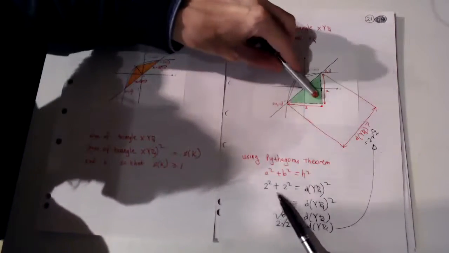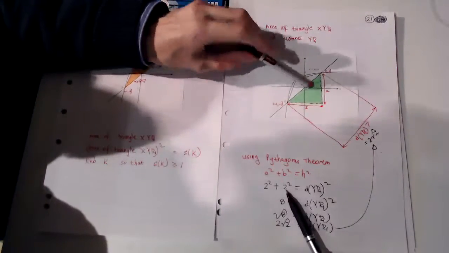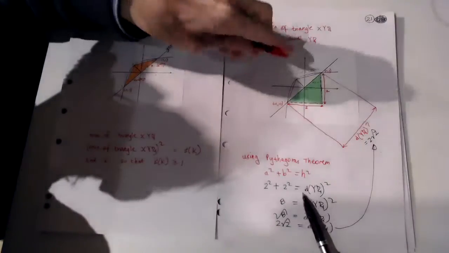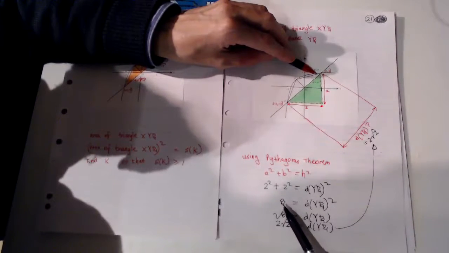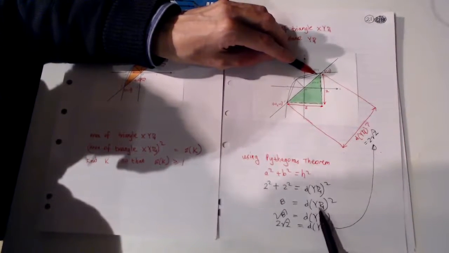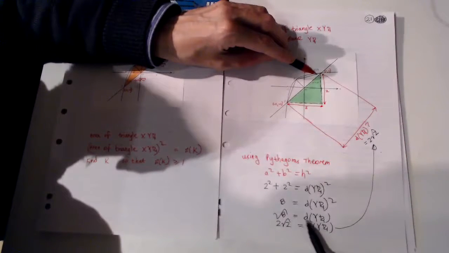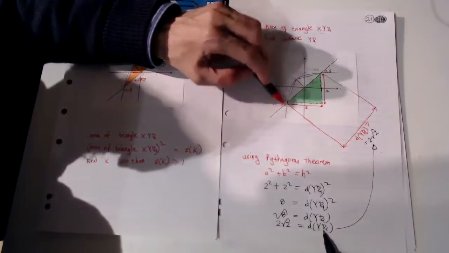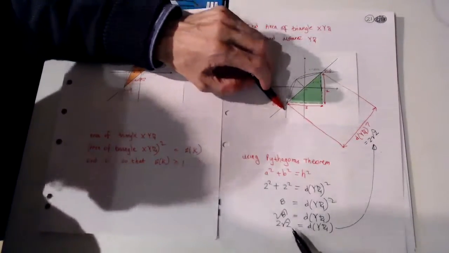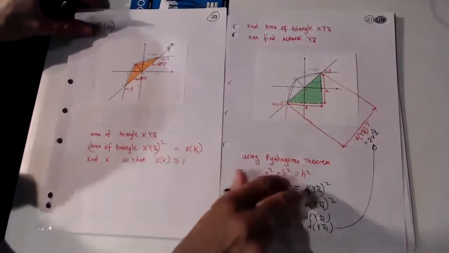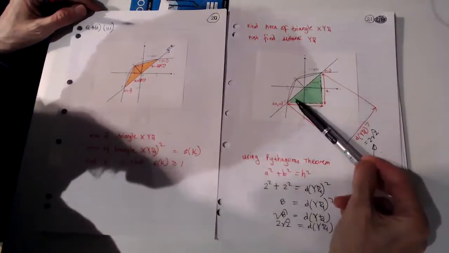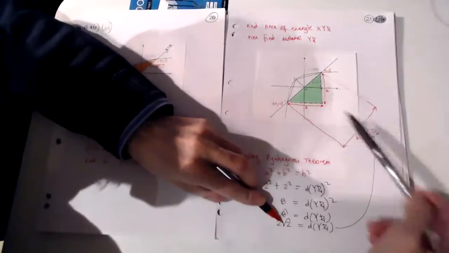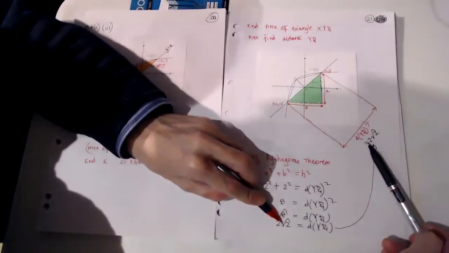We get 2 squared plus 2 squared equals the distance YZ squared, so 8 equals YZ squared. When you square root both sides, the distance YZ is 2 square root of 2. So now we know that the distance from Y to Z is 2 square root of 2.